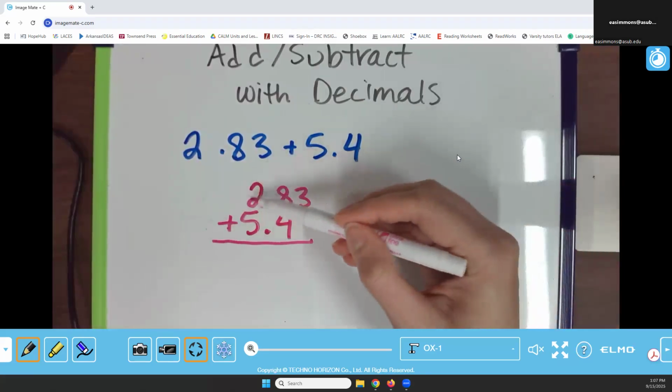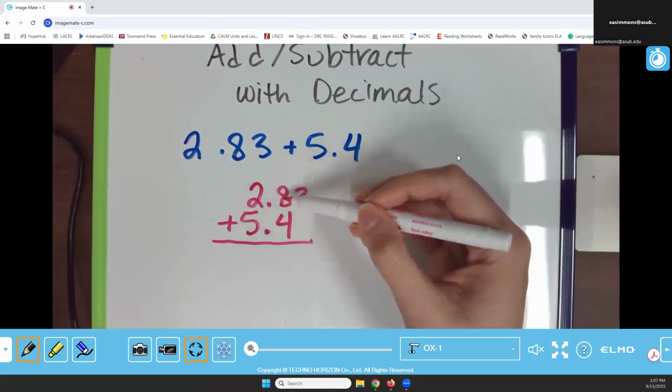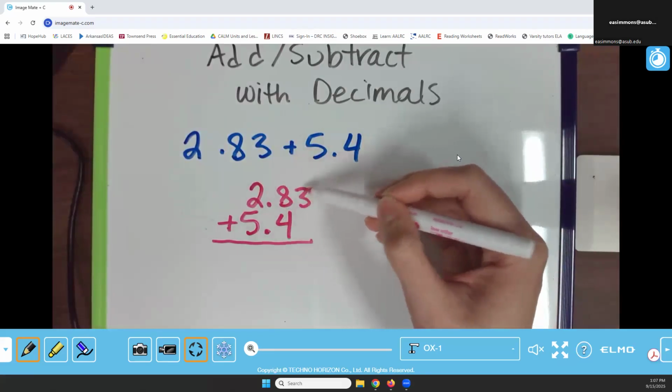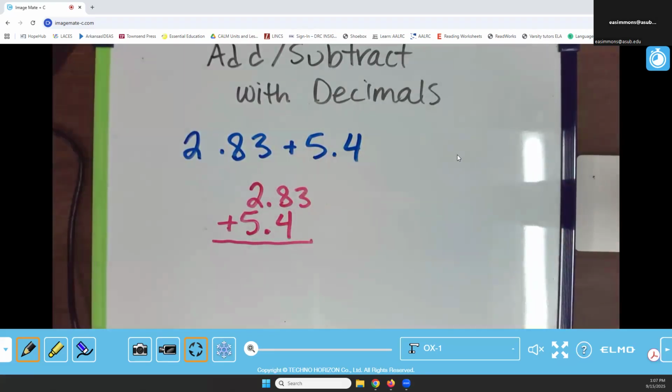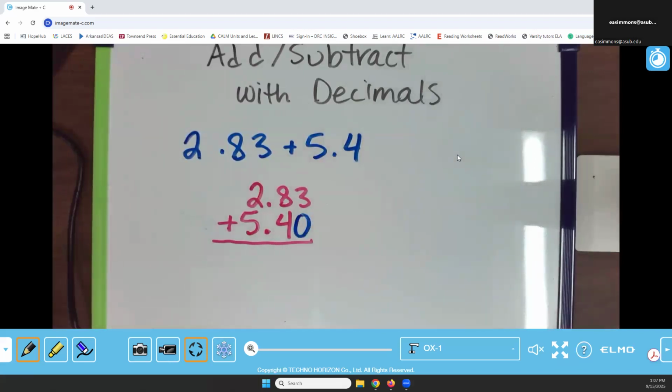So we've got stuff in our ones place for both numbers, stuff in our tenths place for both numbers, and then our top number, our 2.83, has something in the hundredths place, but our 5.4 doesn't. So I'm actually going to put a placeholder 0 there, just so that I don't get lost when I add.